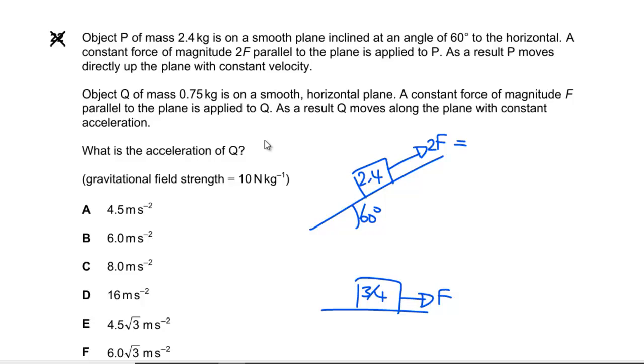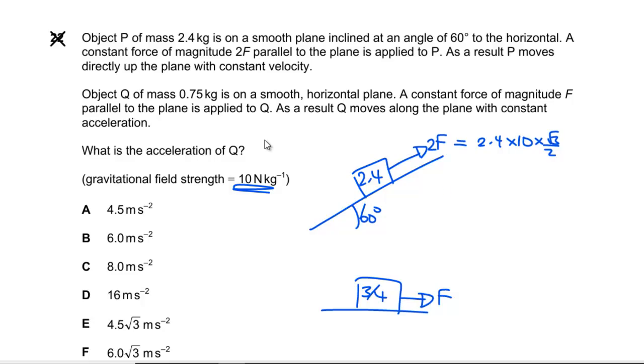Okay, right. So we know then that 2F is going to be equal to a component down the plane. So that is going to be 2.4 times 10, because we're still using 10 for g, times sine 60, so root 3 over 2.